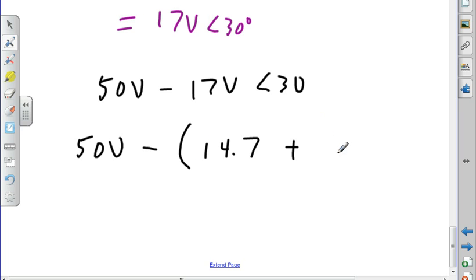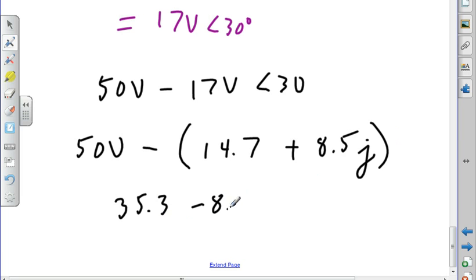Sine of 30 is a half, so that'd be 8.5j. Okay, and now we're going to have 50 minus 14.7, 35.3 minus 8.5j volts.